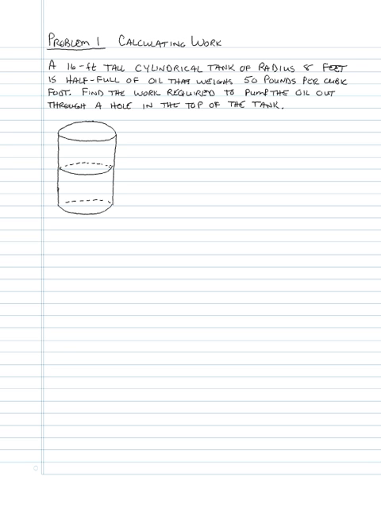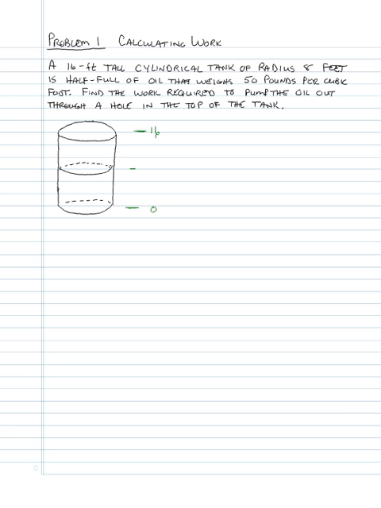Well, I've drawn some kind of diagram here to illustrate. We look at the top of the tank and the bottom of the tank, roughly here. We need to discuss how we're going to refer to that. So I'm thinking in terms of the y-axis, so I would say that this is at the value 0, that's the bottom, and this is as high as 16.